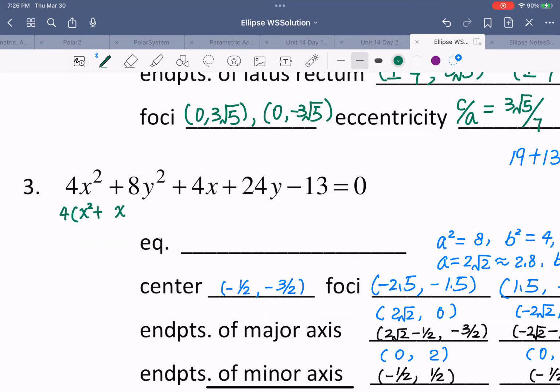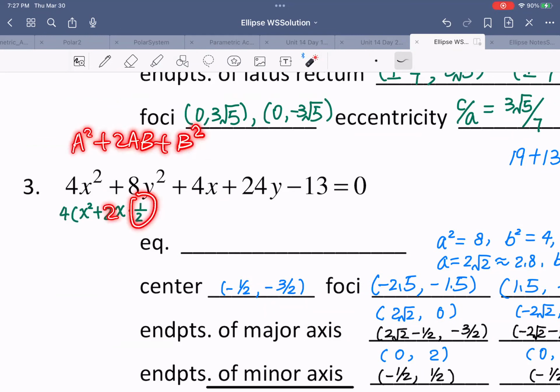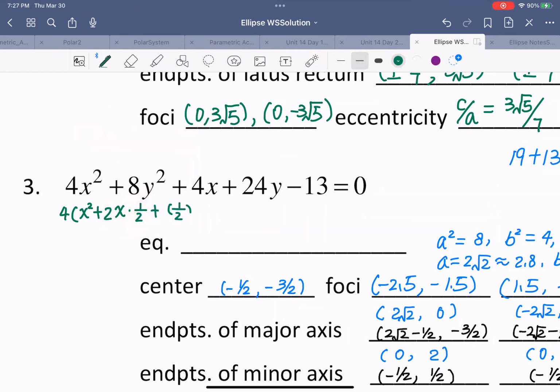But if we want to complete the square, we will on purpose put a 2 and then times 1/2. 2 times 1/2 is 1, so that this matches, right? We put 2 so that we can find who is b, so that is a b, correct? So that's going to be plus 1/2 square. So far, so good?